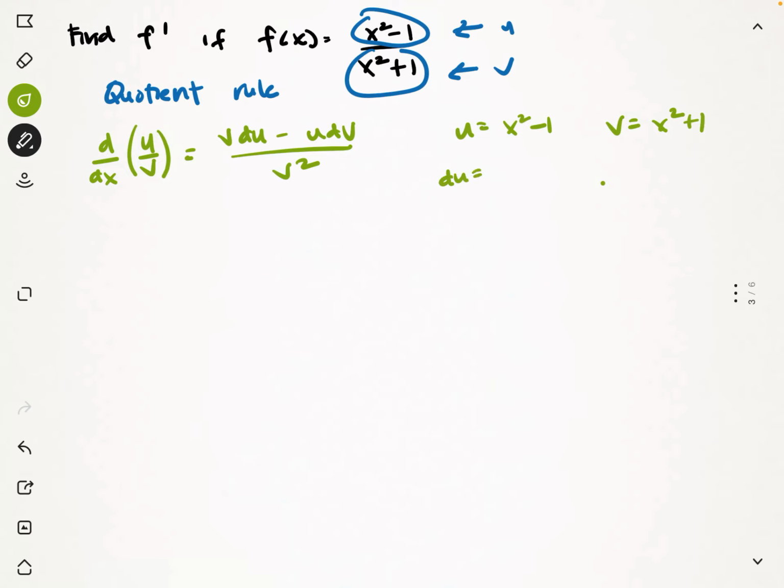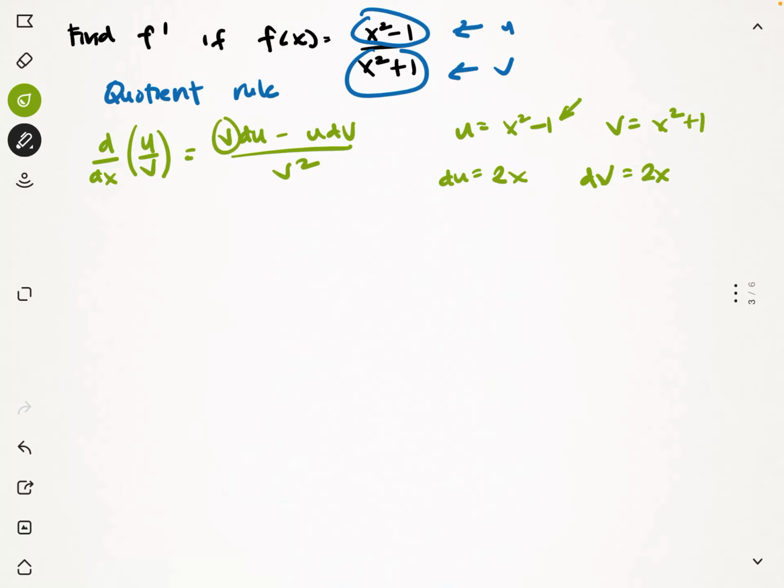The derivative of u is going to be, well, power rule says we drop down the 2, and we have x to the first. The minus 1 is a constant, so it derives out. Now the derivative of v, same idea. Drop down the 2, x to the first, the 1 derives out. So let's construct this whole thing.